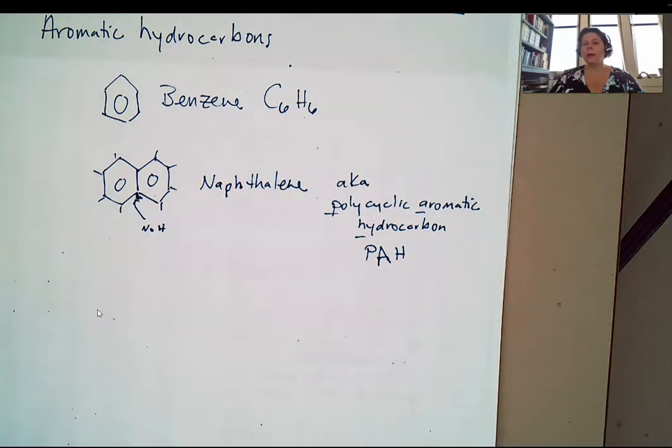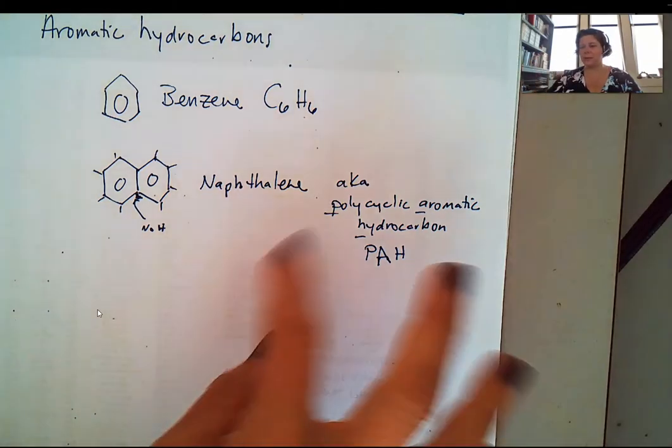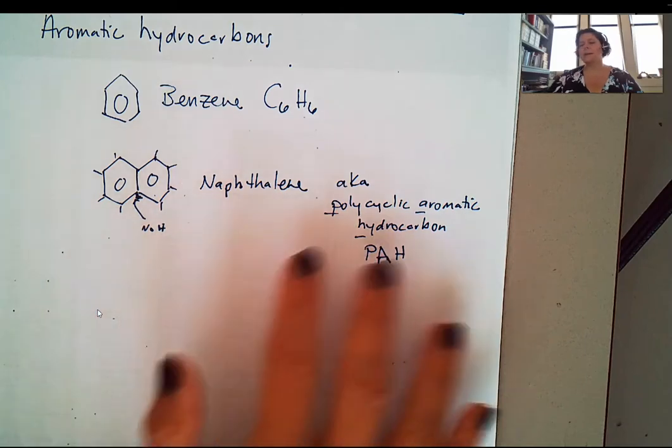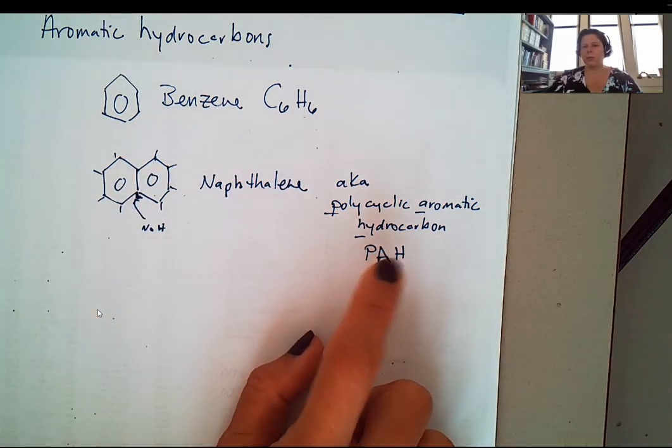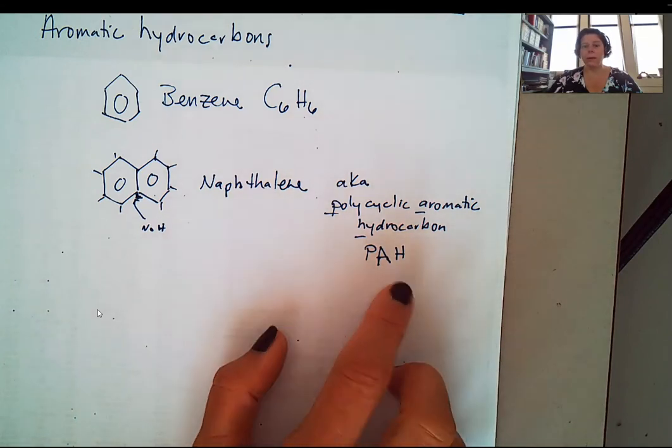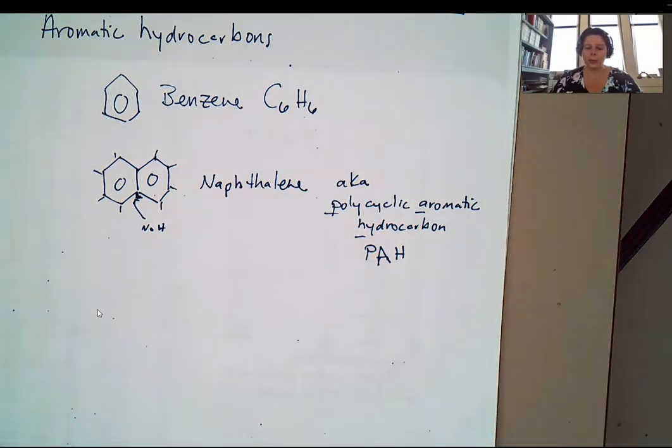We use PAHs for asphalt, that liquidy part of asphalt, like creosotes. We'll get into creosotes later. A lot of these things are lumped together under polyaromatic hydrocarbons, so PAHs is a very important abbreviation to remember. If you're going to go into this field, they're going to talk a lot about PAH contamination. So please, somebody, do a paper on it, but we will be talking more about PAHs.